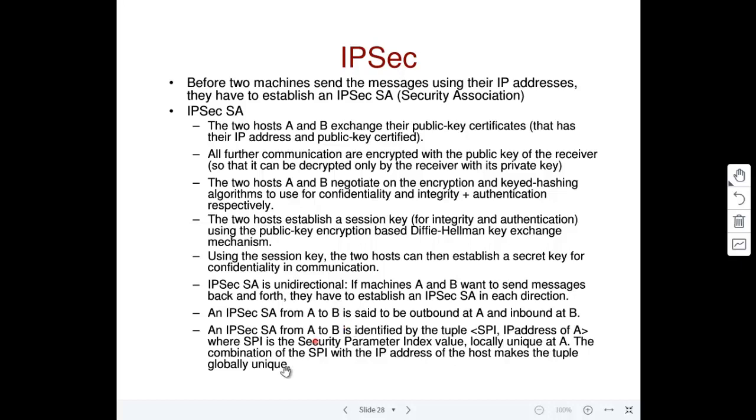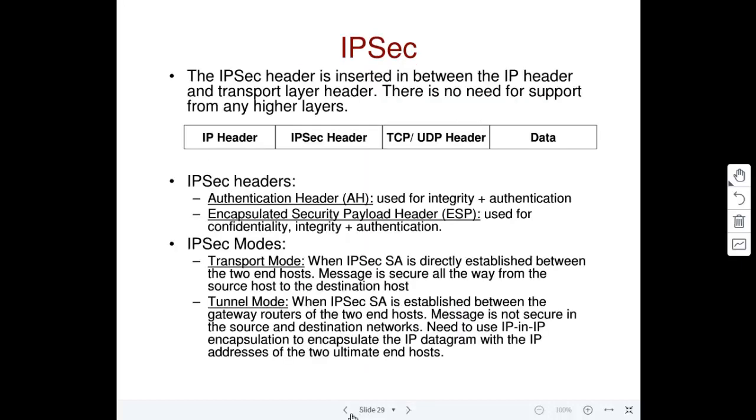Now also, this IPSec security association can be globally unique, because each security association is identified with a tuple, which is the security parameter index and the IP address of the outbound side, the sender. So for an IPSec association from A to B, the tuple will have the IP address of A and the security parameter index that is locally unique at A. That is a 32-bit quantity, and we'll see the details as we proceed.